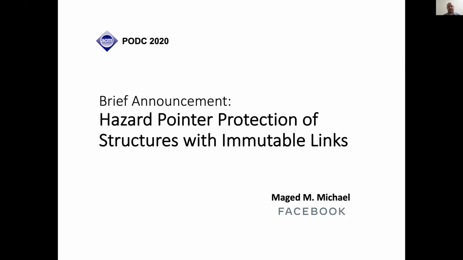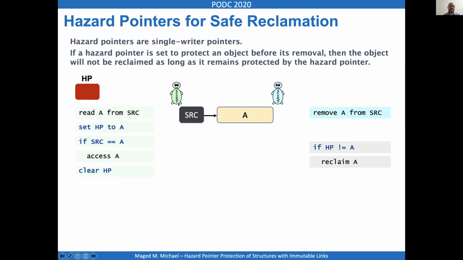So I'll present an algorithm extension to hazard pointers to protect immutable links to descendants of nodes. A brief background is that hazard pointers allow threads to access objects, and concurrently these objects could be removed and reclaimed.